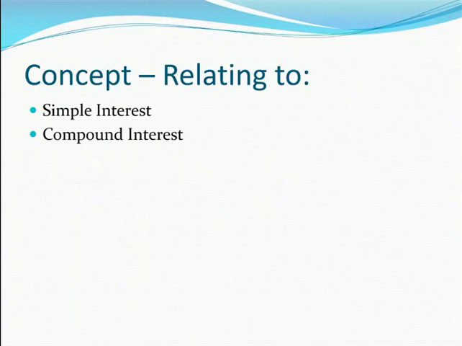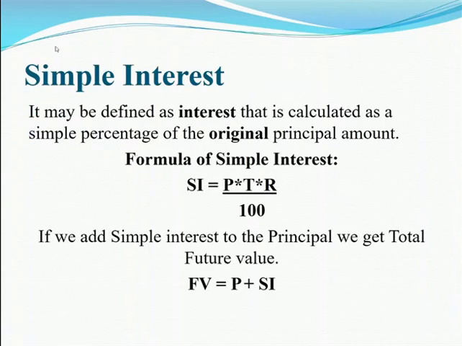In this video lecture, I will be covering the concepts relating to simple interest and compound interest. Now let us see what is simple interest. It may be defined as an interest that is calculated as a simple percentage of the original principal amount. That means interest is always calculated on original principal amount.